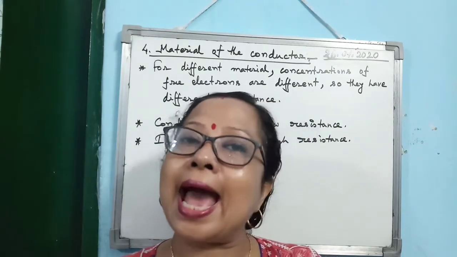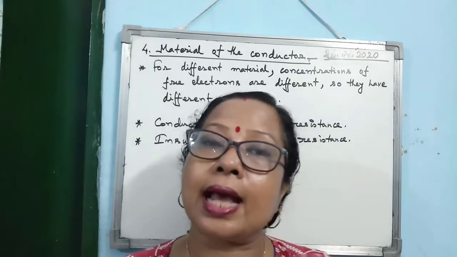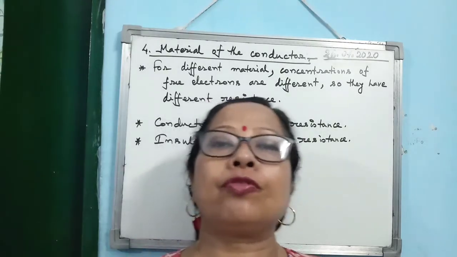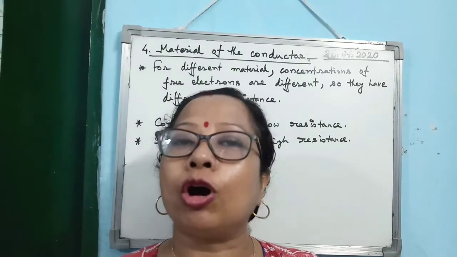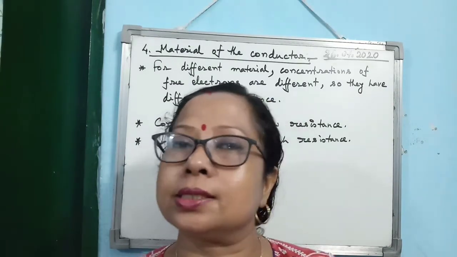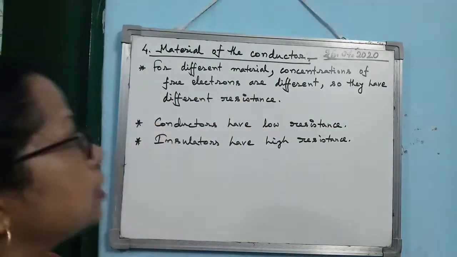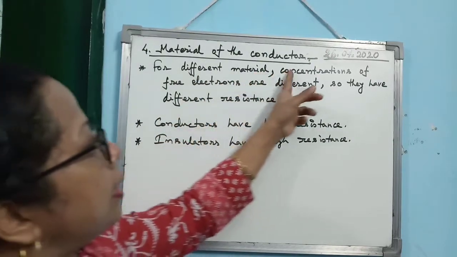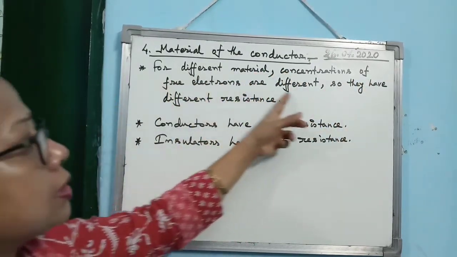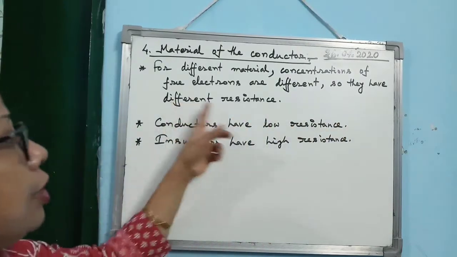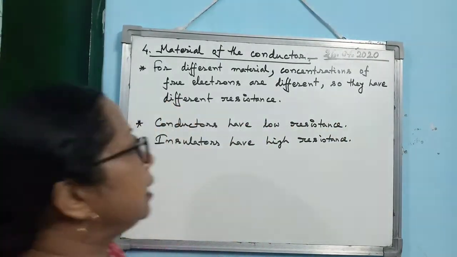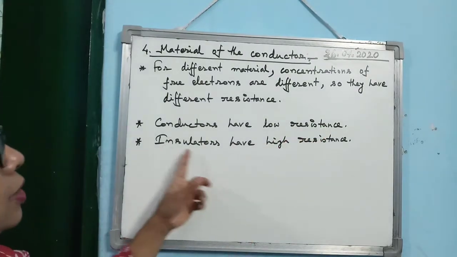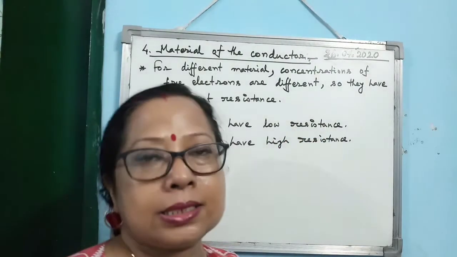So as different materials have different concentrations of electrons, they offer different resistances. So you can write that for different materials, concentrations of free electrons are different, so they have different resistance. And conductors generally have low resistance and insulators generally have high resistance.